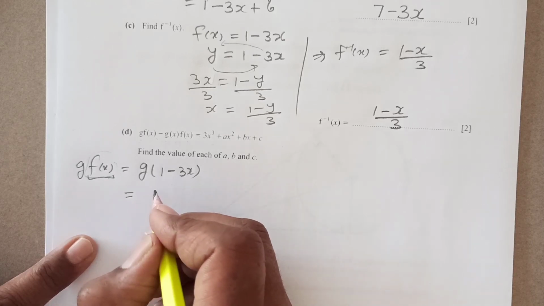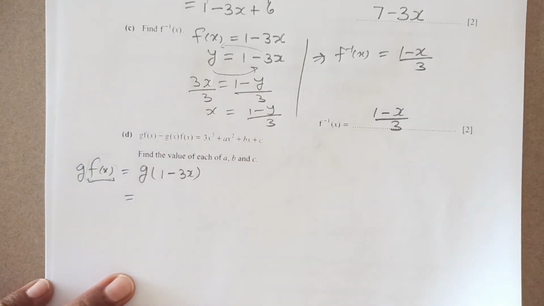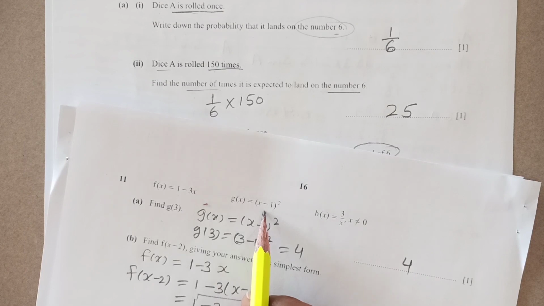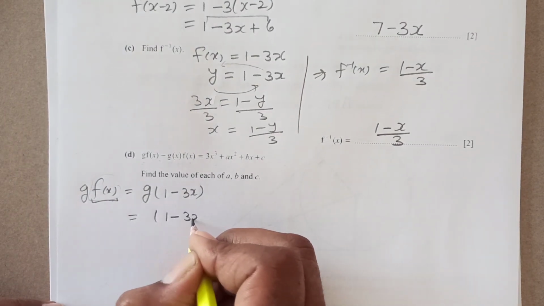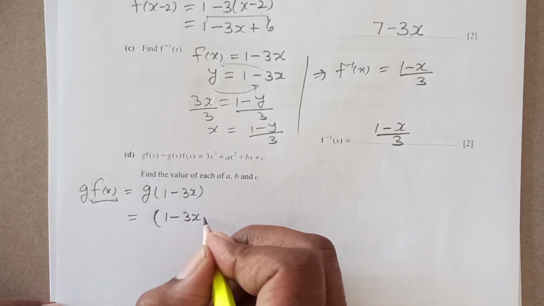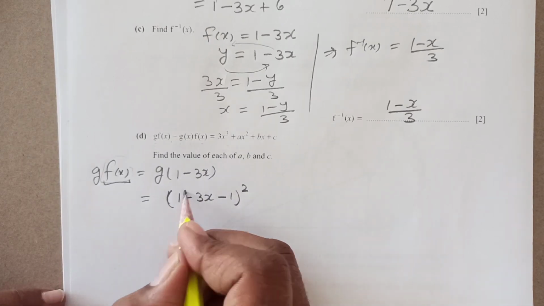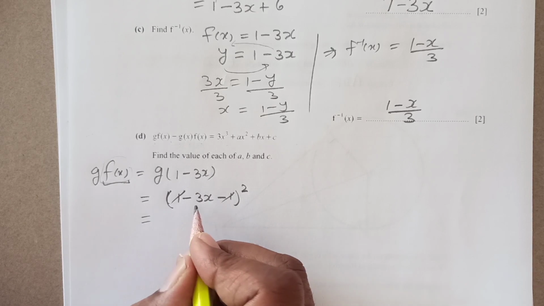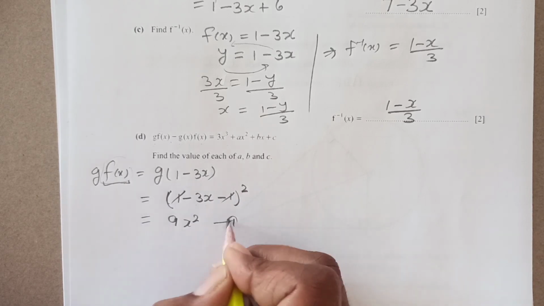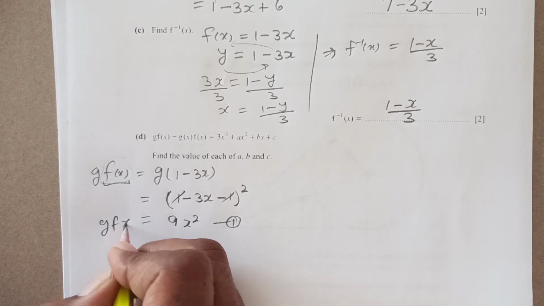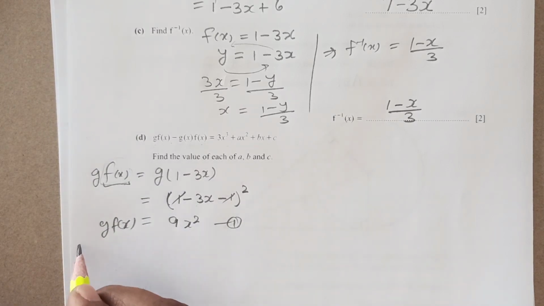So g(x) is (x minus 1) squared. We are just going to plug in this value in there. So g is (1 minus 3x minus 1) squared. Now this minus and minus is gone. So (3x) squared, that will be 9x squared, right? So this is our g of f(x) that we will need later.